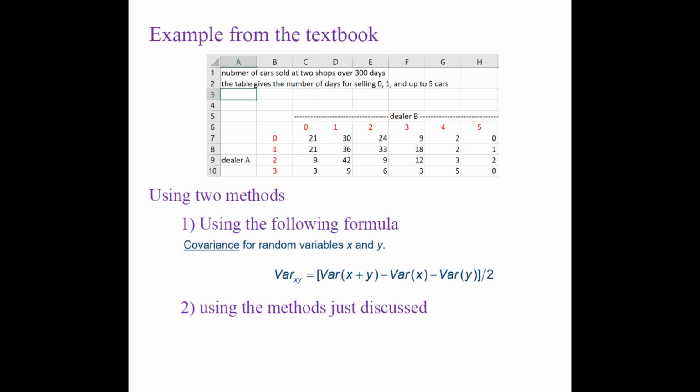For the second number, 30, there are 30 days where dealer A sells nothing and dealer B sells 1 car.